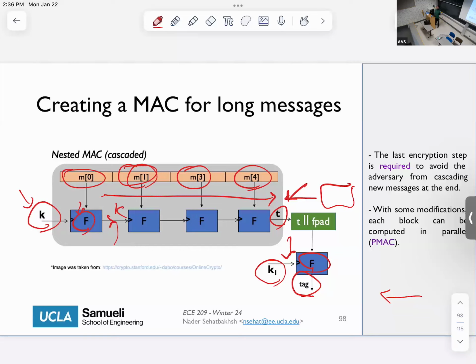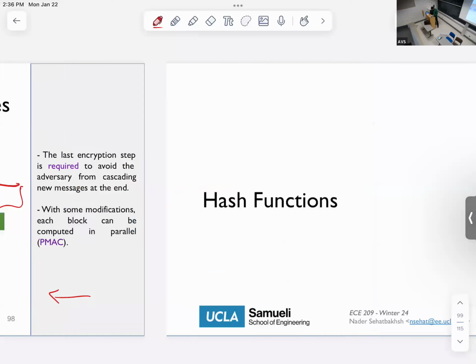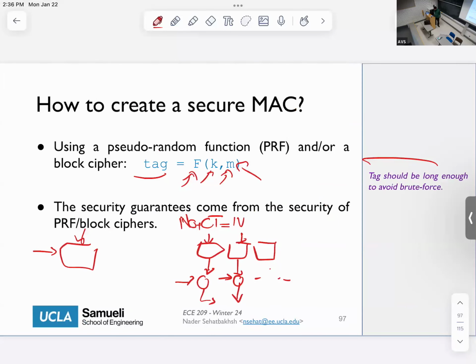Any other questions? Yeah, even for creating the tag using the message and IV? Say it again. So in this one, the tag is encryption, you are encrypting the message with IV? It's not encryption, because if you remember, encryption was multiple steps, but here you are using a PRF to compute the tag.